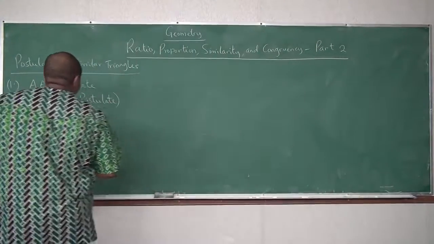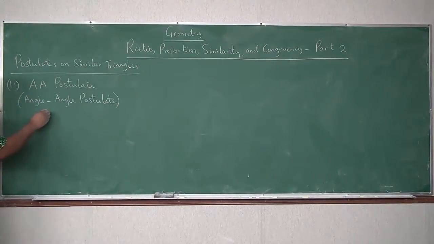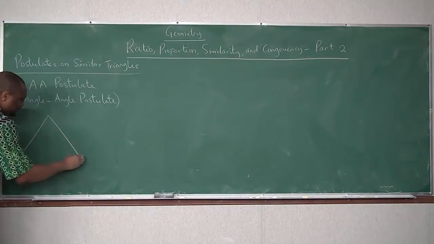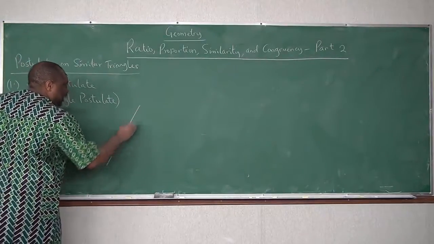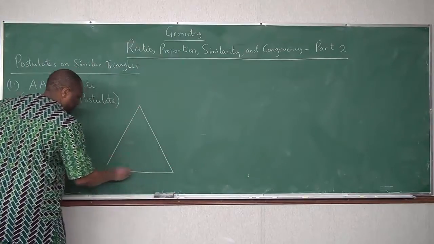So let us look at this for a moment. I'm going to use simple triangles, but just know that they can twist it. So you have triangle ABC and you have triangle DEF.